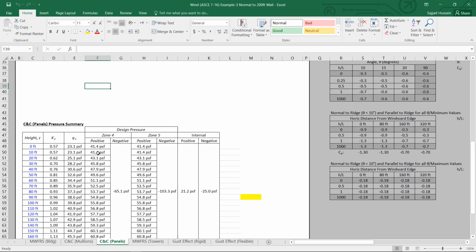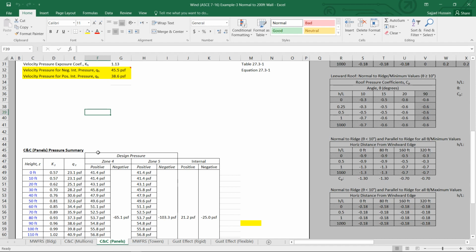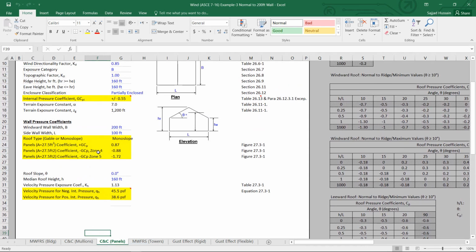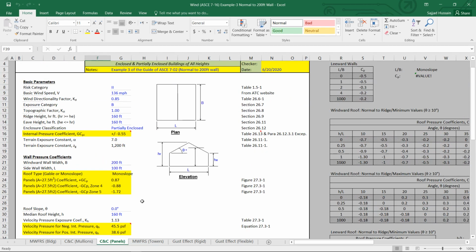So here is the calculation sheet. Based on all this, the coefficient for panel is taken as 0.87. For the glazing panel itself, the area comes out to be 27.5, so the coefficient is 0.87.